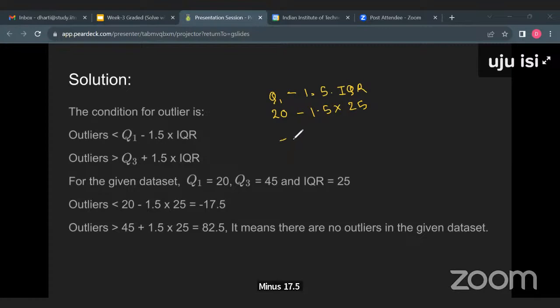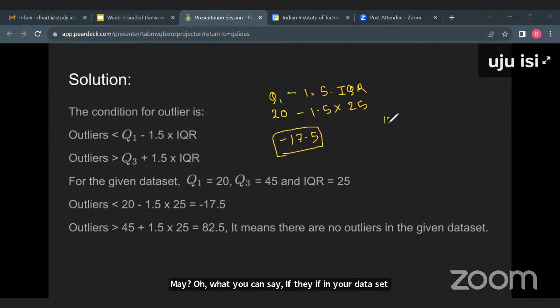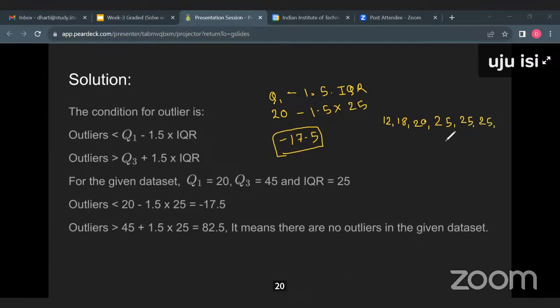Minus 17.5. This is your boundary value. What was our data set? 12, 18, 20, 25, 25, 45, 47, 47, 49, and 90.